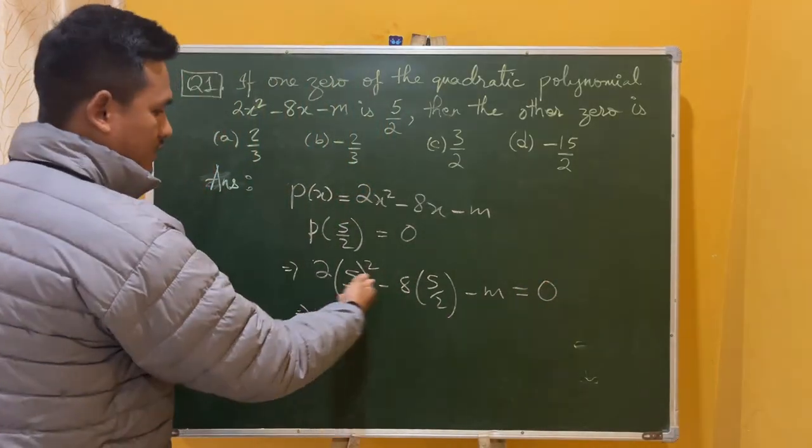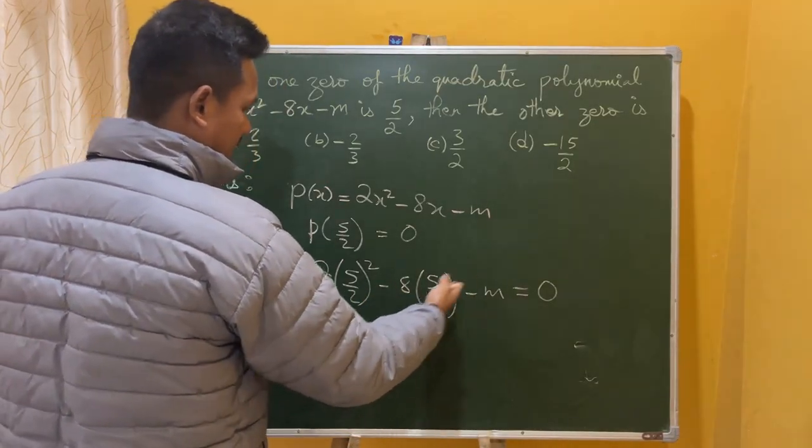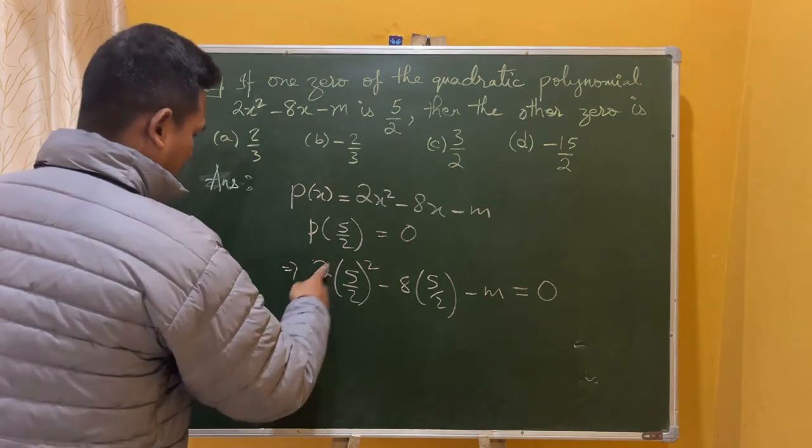So you can see an equation is being formed in one variable, that is m. So we solve this and get the value of m.